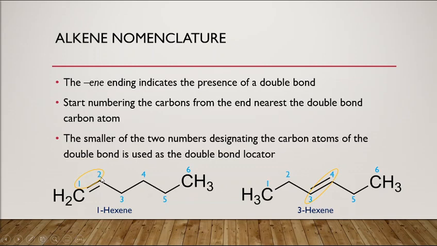Say the double bond was between 2 and 3, then this would be 2-hexene. Note, you will never have something like 4- or 5-hexene. The reason for that is because if it was between this 4 and the 5, you'd have to switch your number system. And so the only ones you can have for hexene would be 1-, 2-, and 3-hexene, because 4, 5, and 6 are the exact opposites of the 1, 2, and 3, if that makes sense.